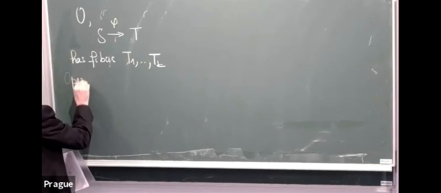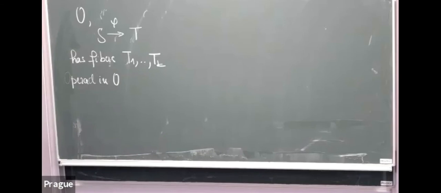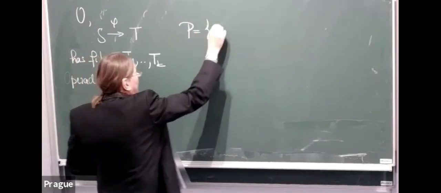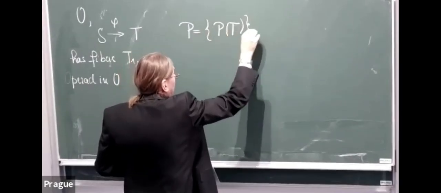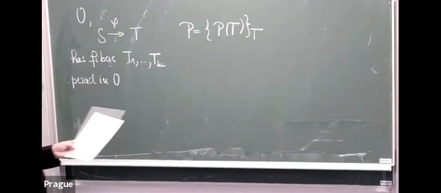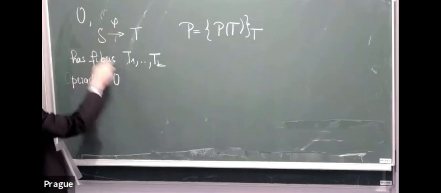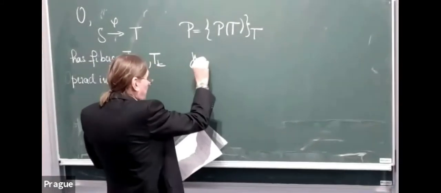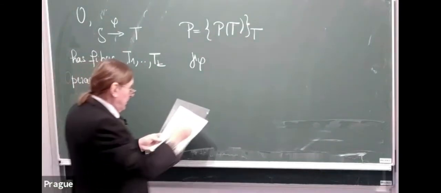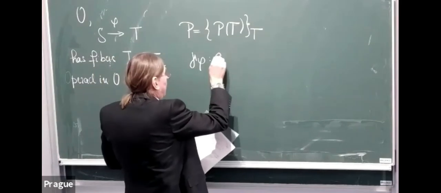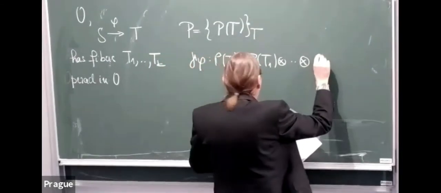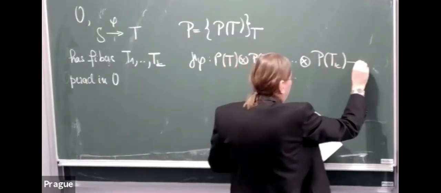And having such a thing, I may define an operad in O, or operad over O if you want, as a collection indexed by objects of the category, and the structure operations are the following: given a map P with fibers T1 up to Tk, the structure operation related to such a map is a map from P(T1) times up to P(Tk) into P(S).